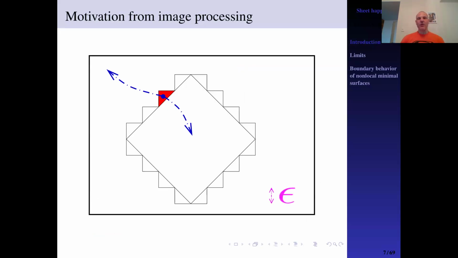Instead, the approximation with non-local perimeters is more robust, because the error that you produce with the non-local perimeter comes, well, of course, from the fact that you replace a segment with the sawtooth form.